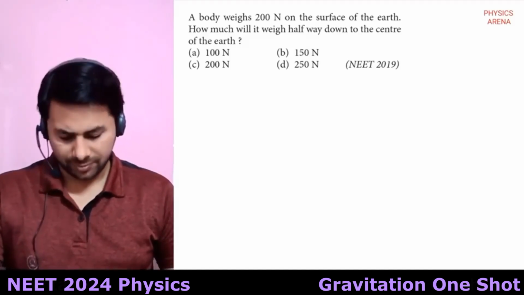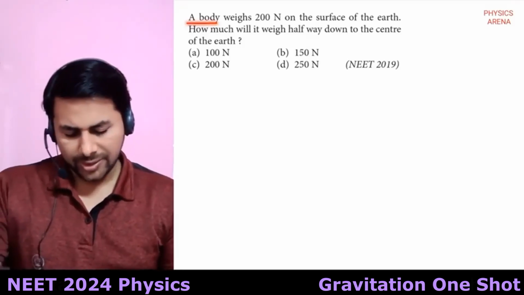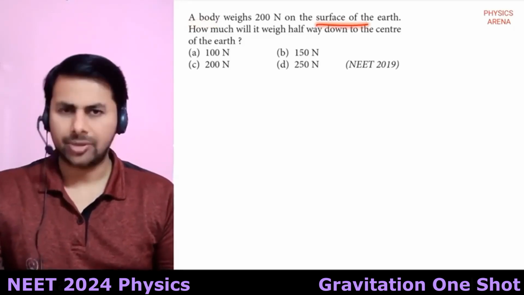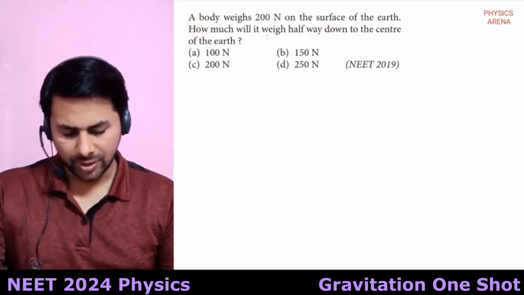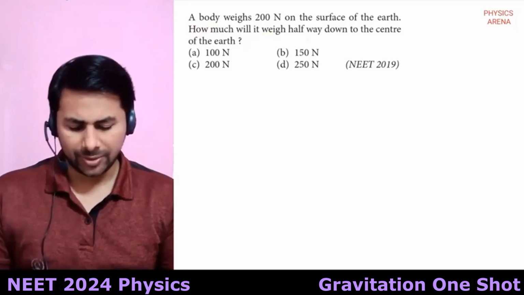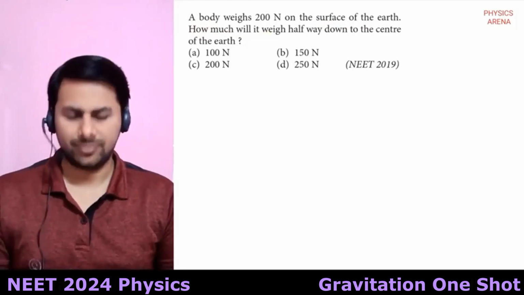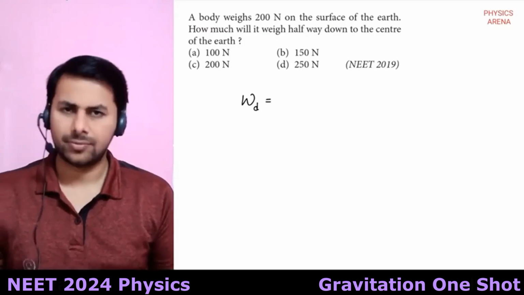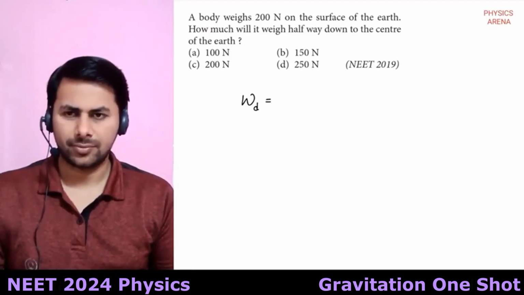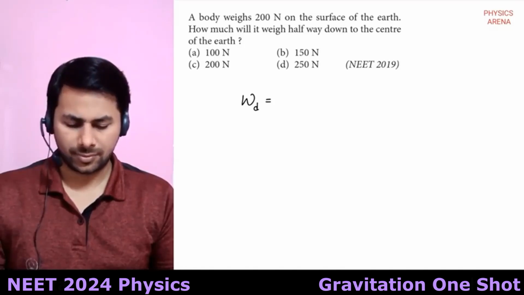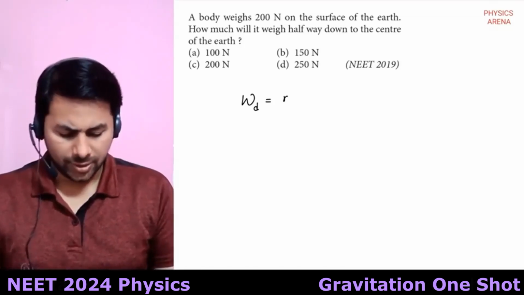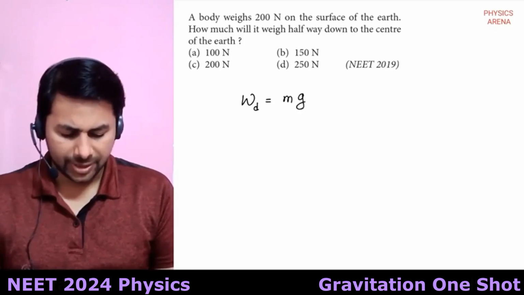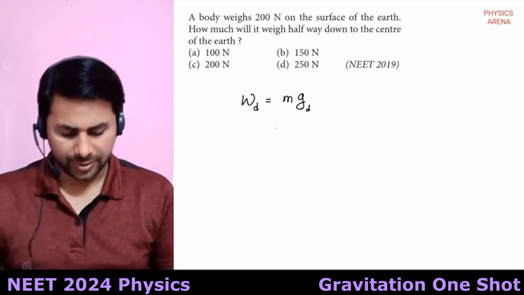Let's see the next one. A body weighs 200 Newton on the surface of Earth. How much will it weigh halfway down to the center of Earth? So tell me. Right, very good. So it will be m multiplied by g at depth d.